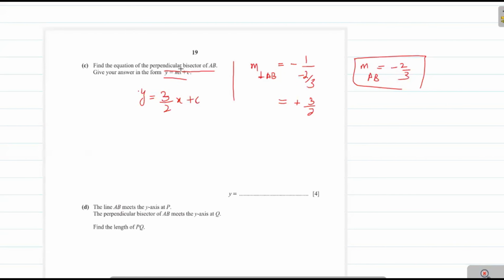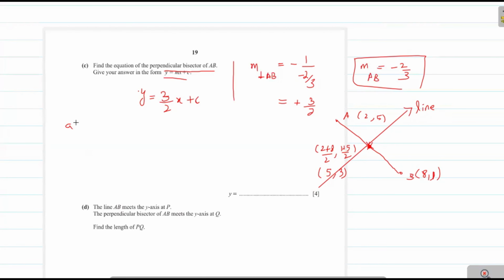We have to find the equation of the perpendicular bisector of AB. Therefore, these two points are A (2, 5) and B (8, 1), and the midpoint of these two points is 2 plus 8 over 2 and 1 plus 5 over 2, so 10 over 2 is 5 and 6 over 2 is 3. The required line passes through this midpoint because it is the perpendicular bisector.